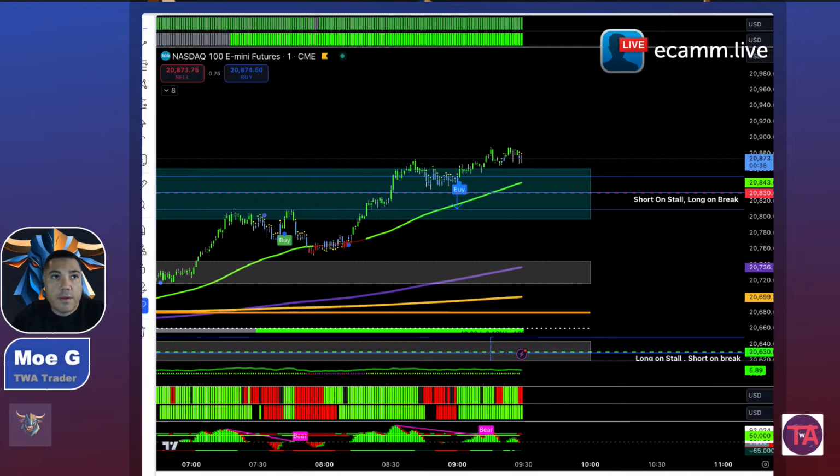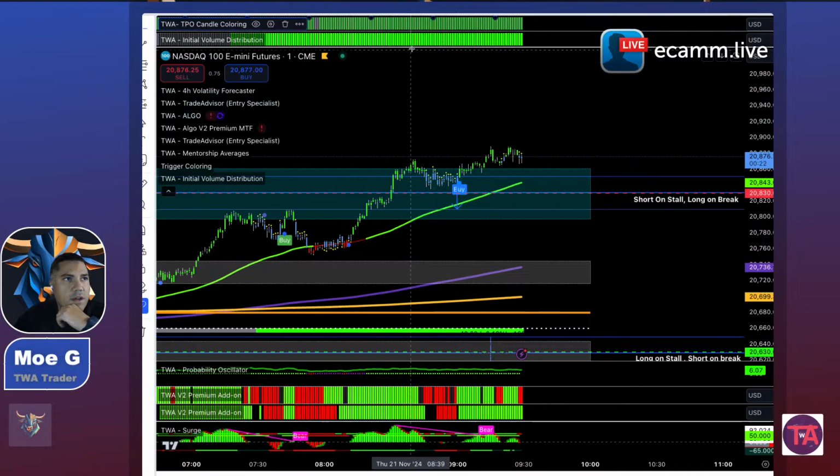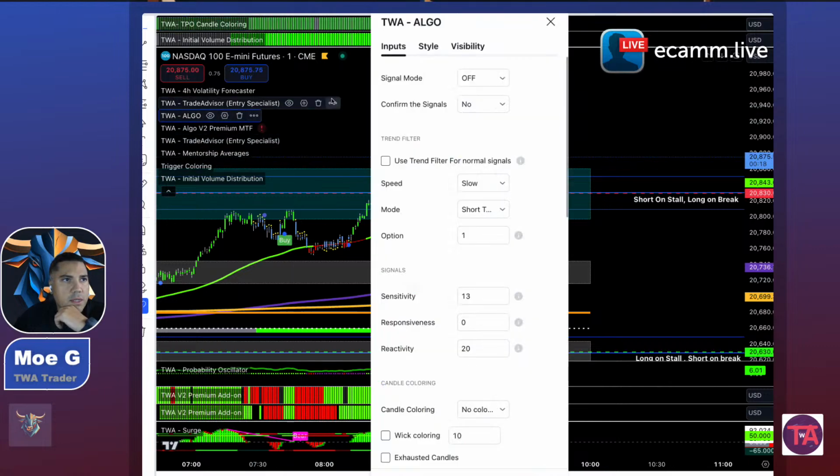Perfect. All right. So on this chart here, we have the Trading with Adam TPO indicator. Here we have the IVD, the initial volume distribution indicator. This is the algo.